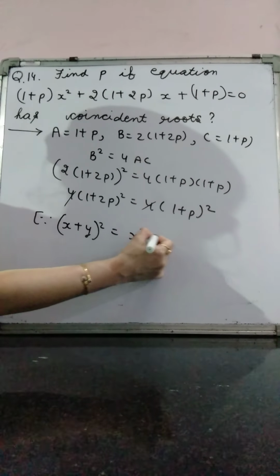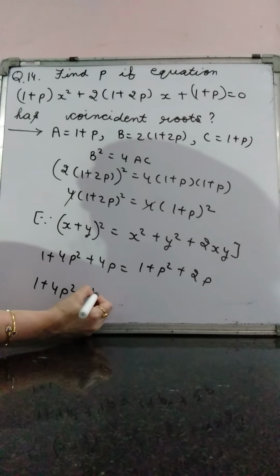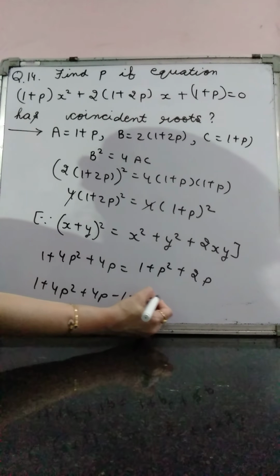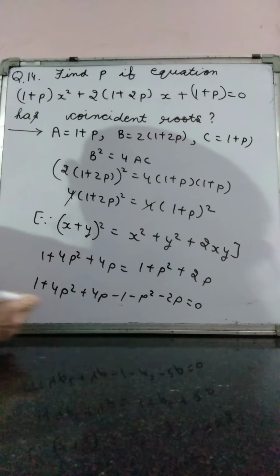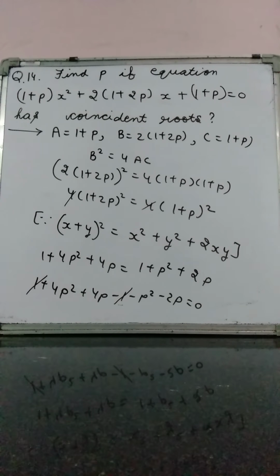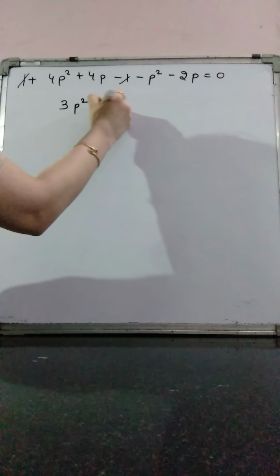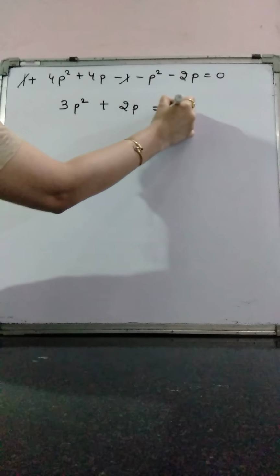1 plus 4p square plus 4p is equal to 1 plus p square plus 2p. Collect all terms on one side, on LHS. Cancel out 1 and 1. 4p square minus p square will be 3p square. 4p minus 2p, it will be 2p.